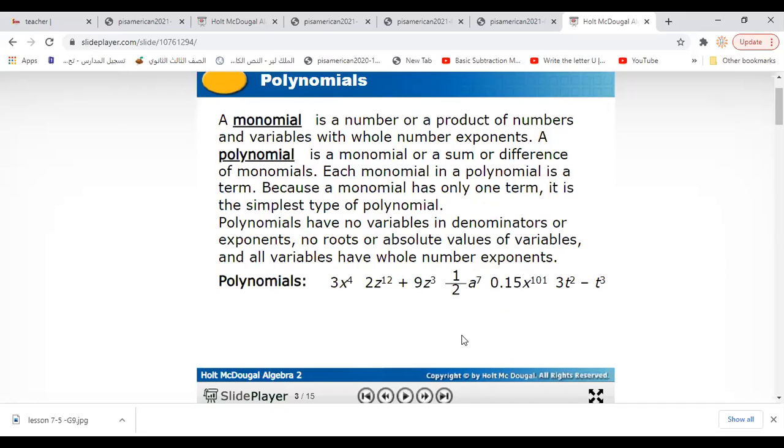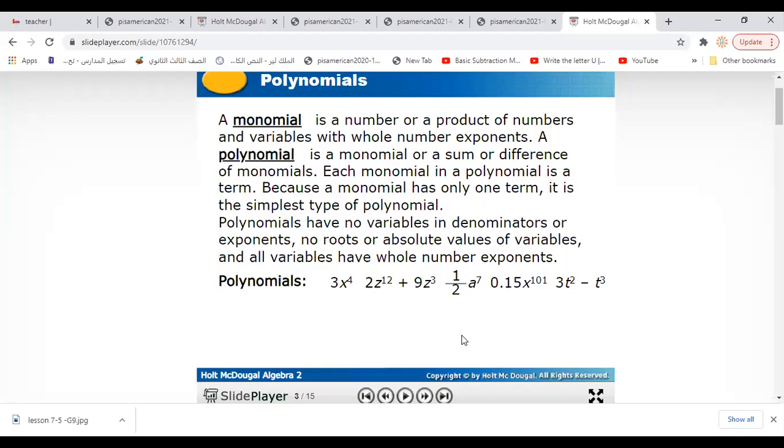These are examples of polynomials: 3x to the power of 4, 2z to the power of 12, 9z to the power of 3, half a to the power of 7, 0.15x to the power of 101, 3t squared minus t to the power of 3.